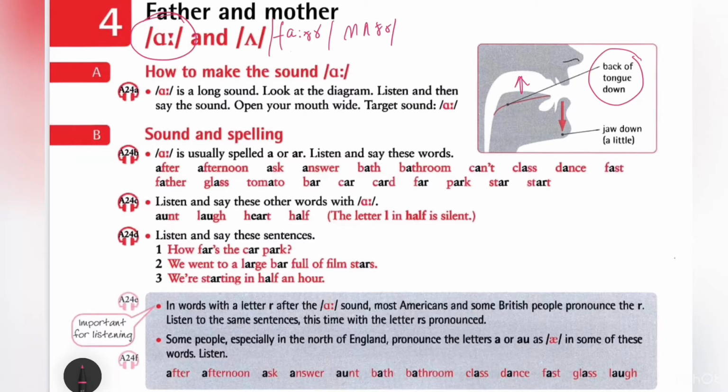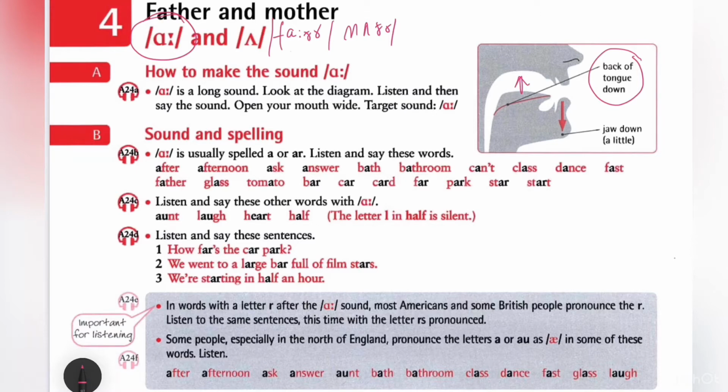Sometimes and in general we can associate spelling with pronunciation, but not always, and this is not something that you have to take as a rule, okay? What you can do is to pay attention sometimes to this kind of spelling and think that maybe it is related with the long sound A, okay?